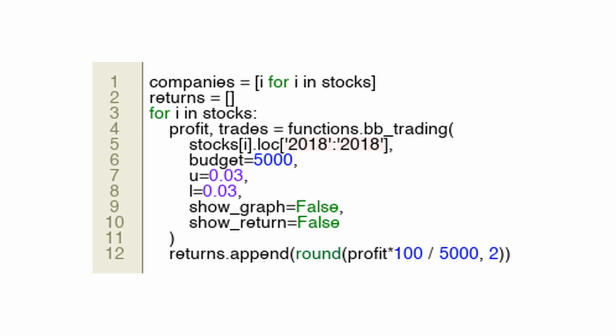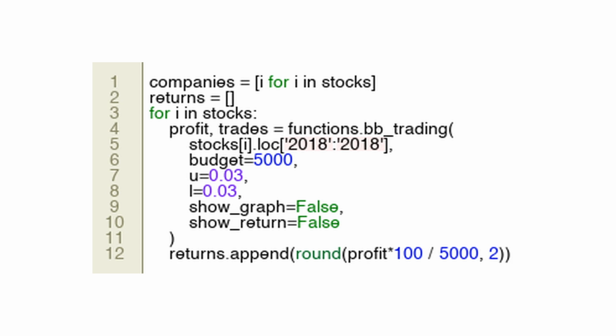This function takes a slice of the company's historical data from the year 2018 and some additional parameters, including a budget constraint, budget equals 5,000, upper and lower thresholds for trading, U equals 0.03 and L equals 0.03, and flags to determine whether to display graphs or return values, show_graph equals False, show_return equals False. The BB_trading function appears to simulate the trading strategy and returns two values, the profit from the trades made and the number of trades executed, although the latter is not used in further calculations.